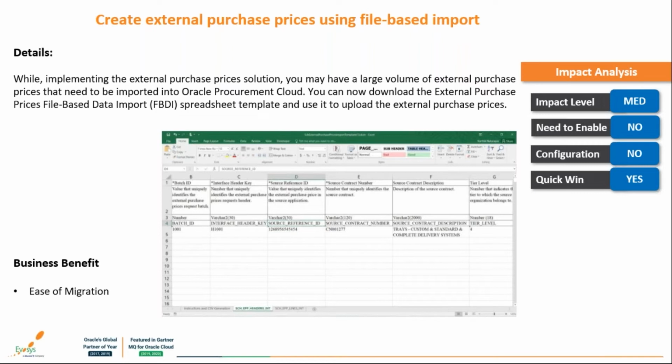The header key should be unique for the header records in an FBDI file. The source reference identifier should be unique across all header records for external purchase prices in the Oracle Procurement Cloud. After the data is updated in the spreadsheet, you can use the generate zip file action to generate the CSV and zip files.